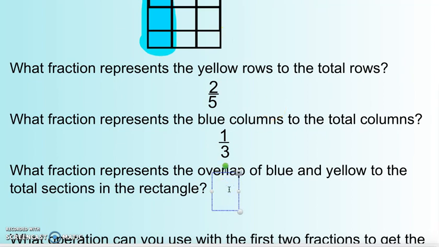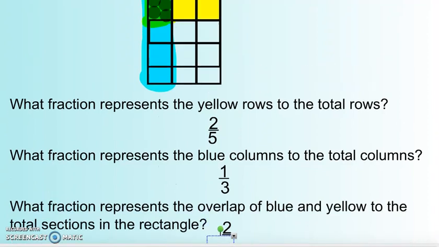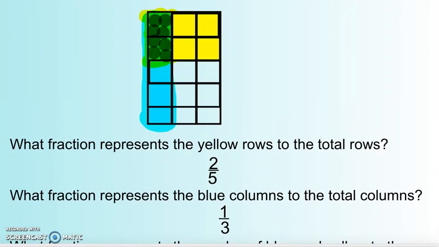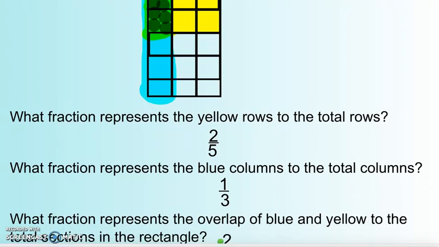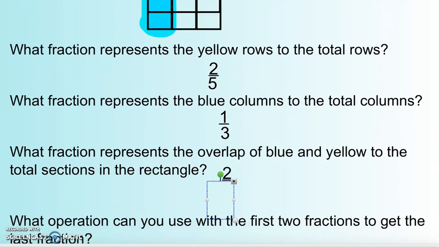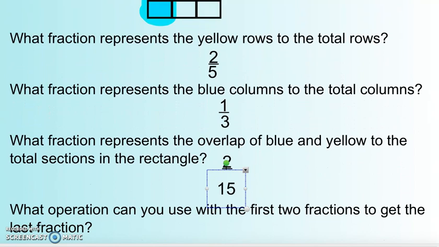Yes, there are 2 boxes that are green. And how many total are in the rectangle? Let me go back up again so you can count. How many total boxes? Yes, there are 15 boxes. So if I want to create a fraction for that, it would be 2/15.